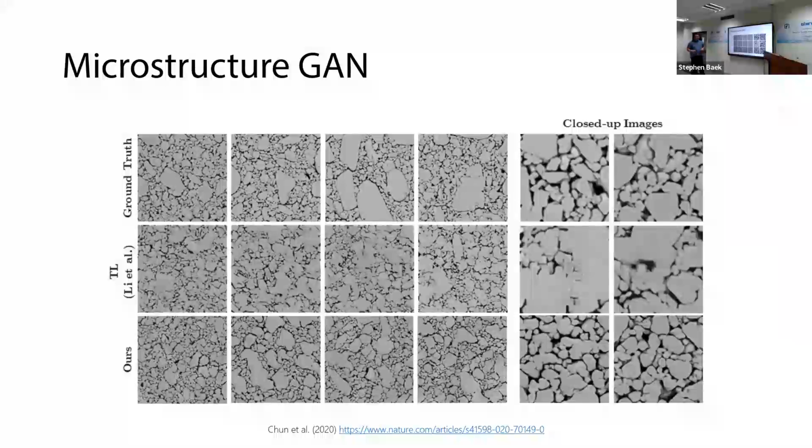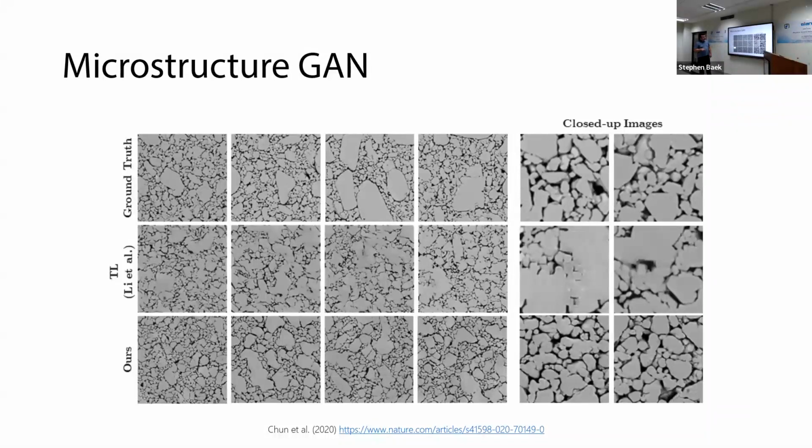Here are some examples of using the microstructure GAN. Here are some real examples, and here are some generated examples. This TL method is some other neural network method that is not a GAN, so this is before GAN.